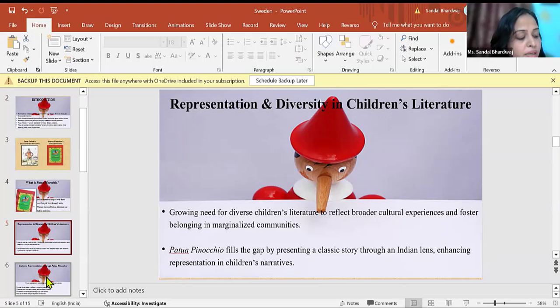Including diverse cultural narratives is vital for young readers from marginalized or underrepresented communities, as it fosters a sense of belonging and self-recognition in the stories they read. Patua Pinocchio plays an essential role in filling these gaps by presenting beloved classics through an Indian lens.